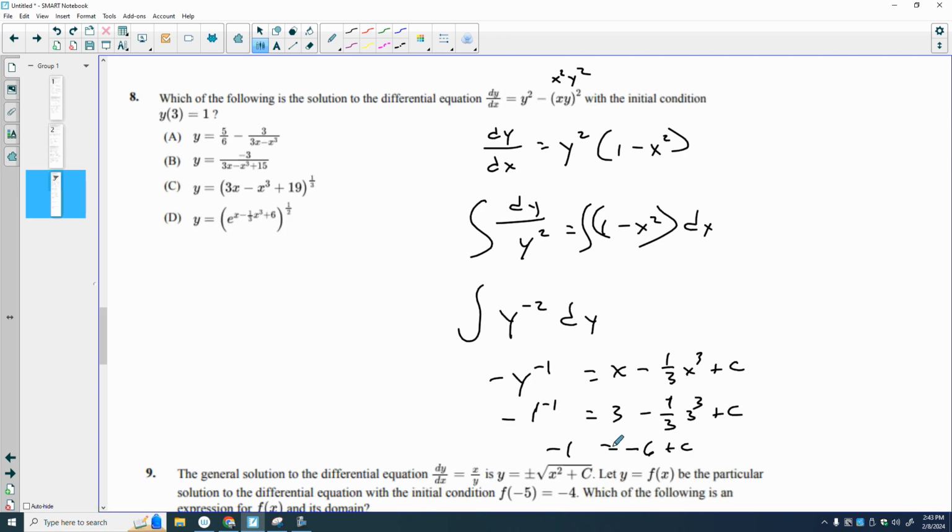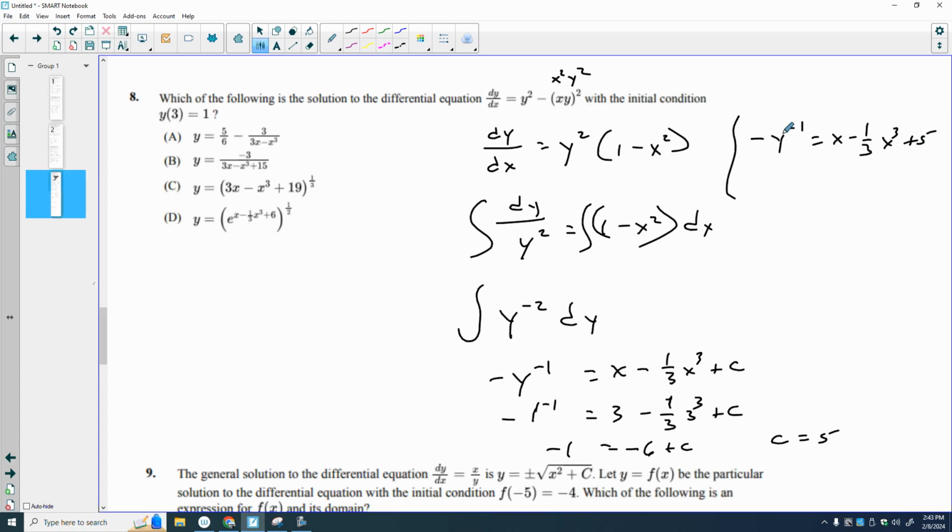That becomes a -1. Add 6, and we get 5. So c equals 5. So I end up with negative y to the -1 equals x minus 1/3 x cubed plus 5.